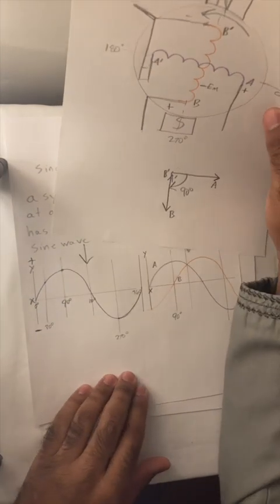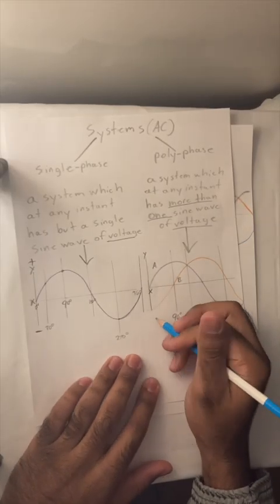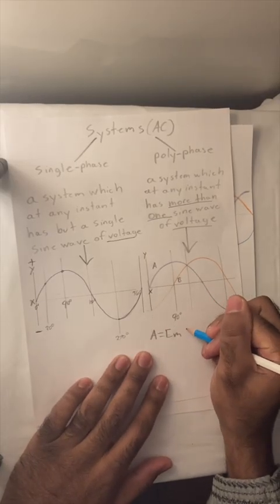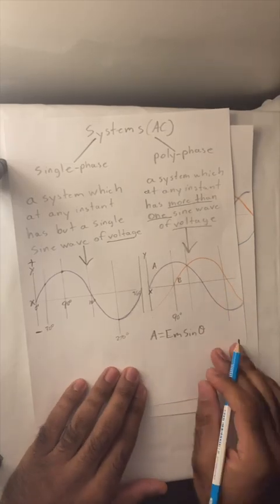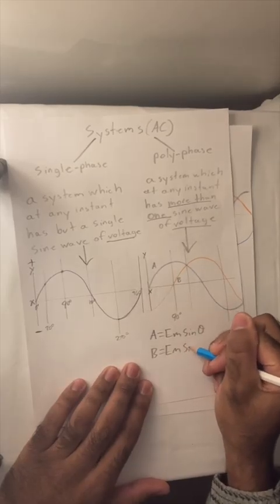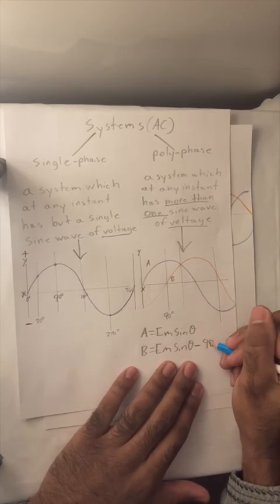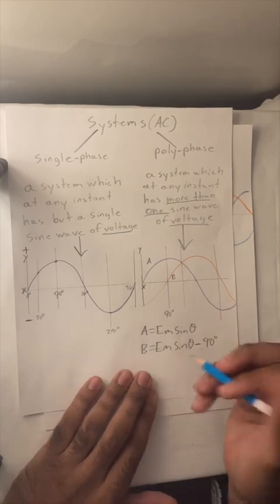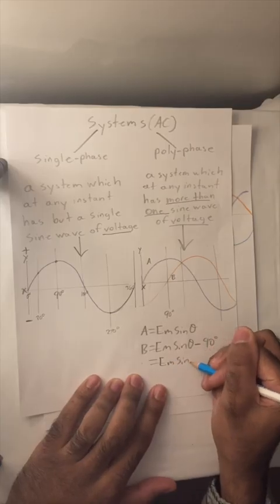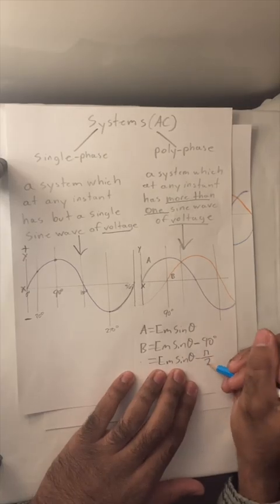The equivalent of that system, A, still we have A equals Em sine theta, B equals Em sine theta minus 90 degrees to represent lag, or could also be written as Em sine theta minus pi over 2.